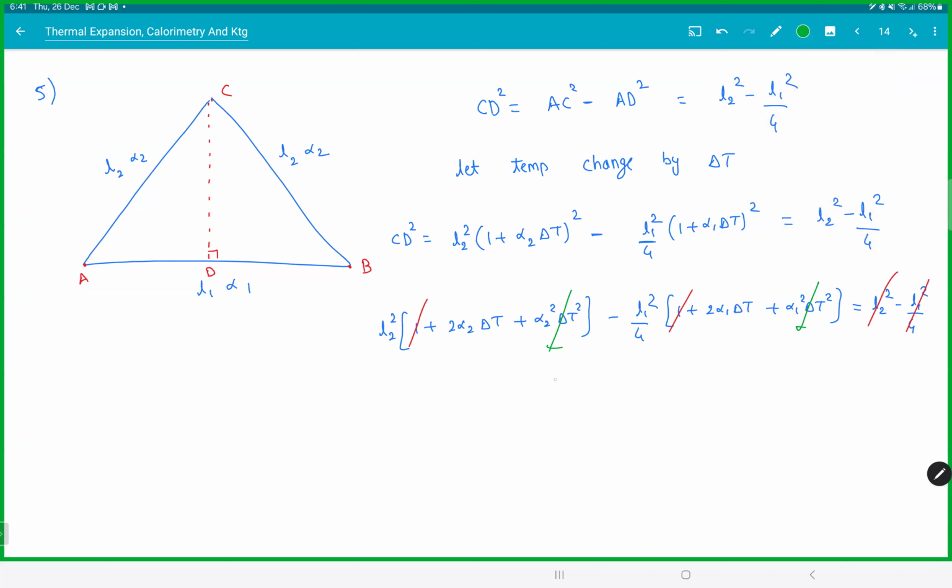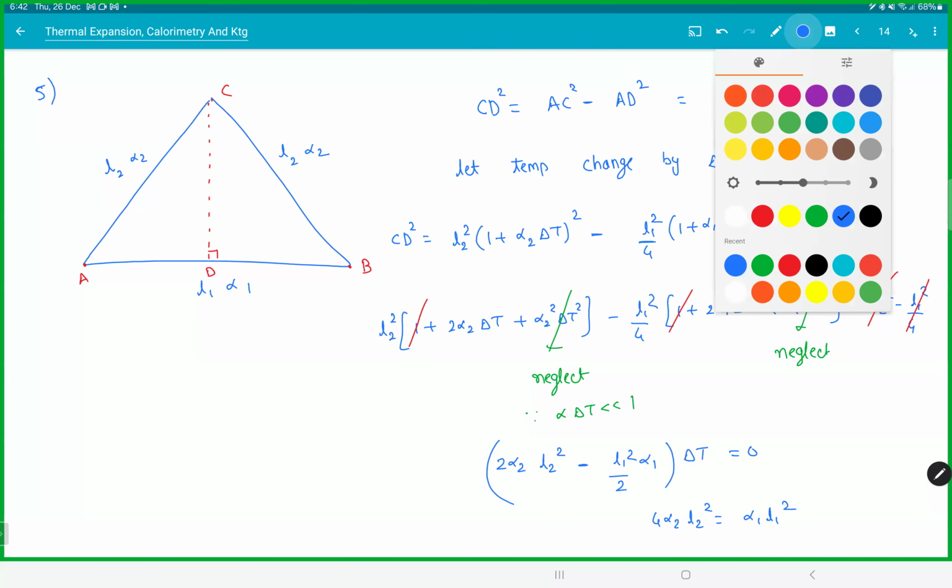This and this we can neglect because they are higher order terms. If alpha delta T is small, these are much smaller. And then you are left with 2 alpha 2 L2 square minus L1 square by 4 times 2 alpha 1 delta T is equal to 0. Now that thing has to be 0. So 4 alpha 2 L2 square is alpha 1 L1 square. If you satisfy this condition, CD remains the same.